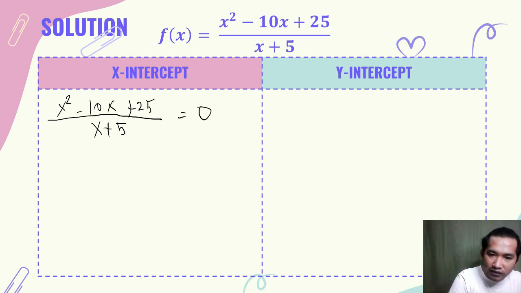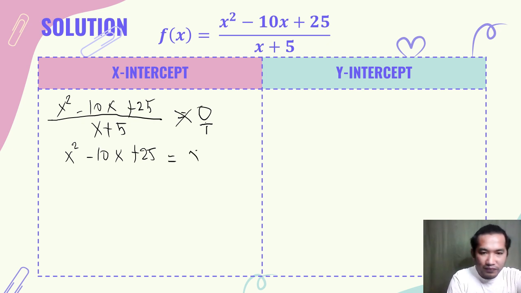We know that 0 has an imaginary 1 as the denominator. We will cross multiply it. x² - 10x + 25 multiplied by 1 is x² - 10x + 25, equal to x + 5 multiplied by 0, which is 0.